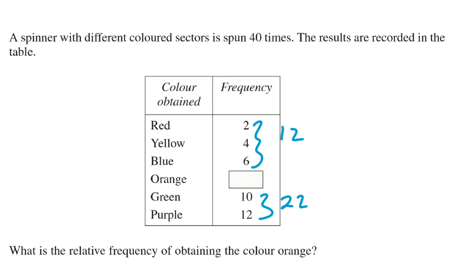So you add them up, give me 33. Happy with that? So therefore the probability of not orange is 33 out of 34. Sorry.